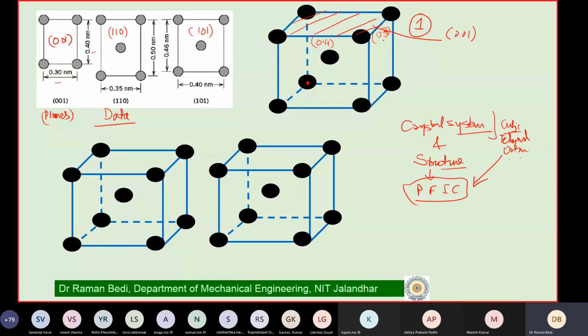Okay? Yes, sir. Okay, let us mark the second plane now in the second picture. So the 1, 1, 0 plane. Sir, along the diagonal. Yes, 1 intercept on the x, 1 intercept on the y, and parallel to the Z axis. So I say this will be this plane.